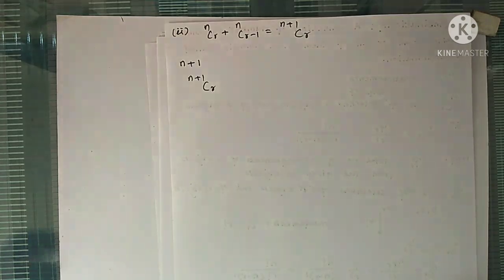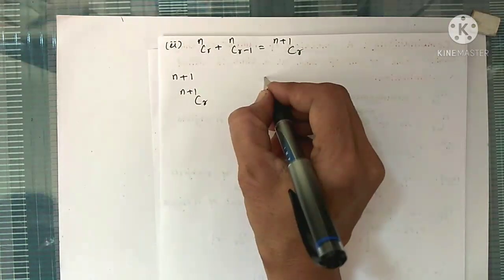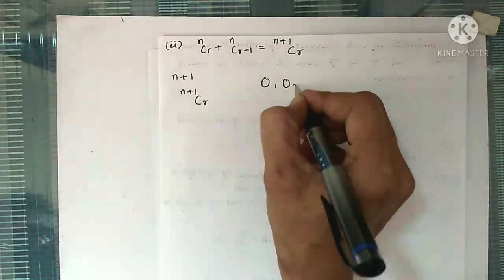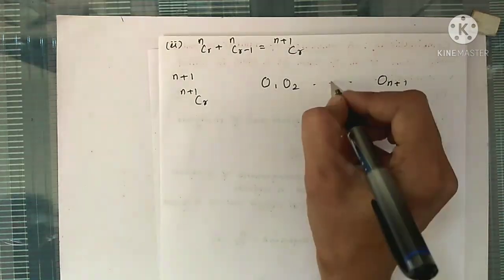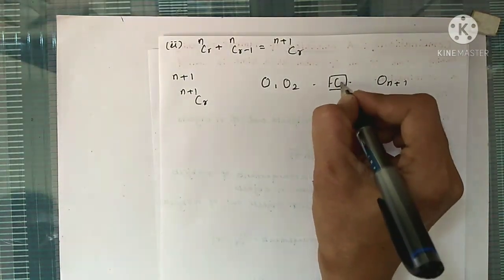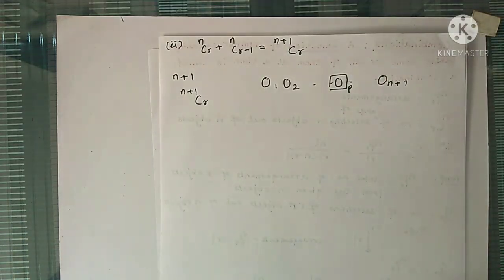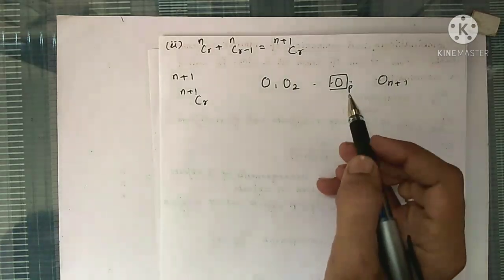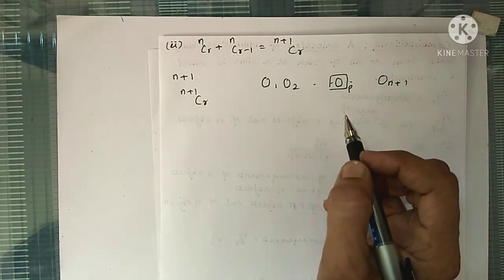Okay. Now let's take a particular object from these n plus 1 objects. So we have n plus 1 objects, say object 1, object 2, so on up to object n plus 1. So let this be a particular object here. Now in those selections, either this object is there or it is not there, and the total number of selections is the total of these two selections. So in one, this object is there and the other part is the object is not there.